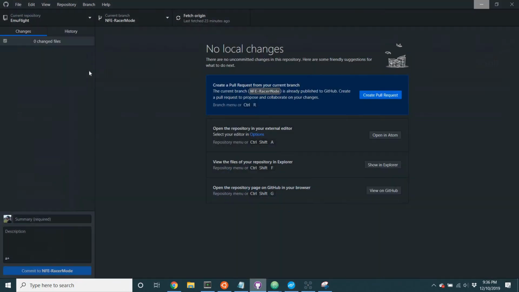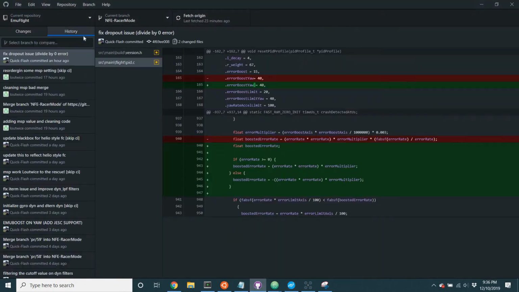Did some troubleshooting, and eventually Nerdcopter actually helped me find the bug. As you can see right here in the code, I was being a bit of an idiot. So as you all know, in version 0.1.35 we took the EmuBoost and the SPA code and separated it for the yaw axis.